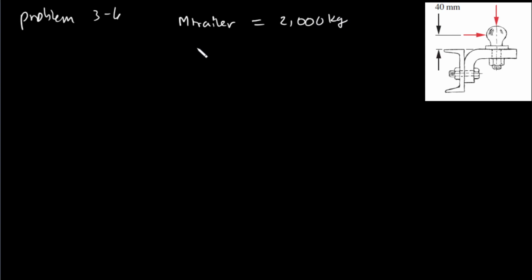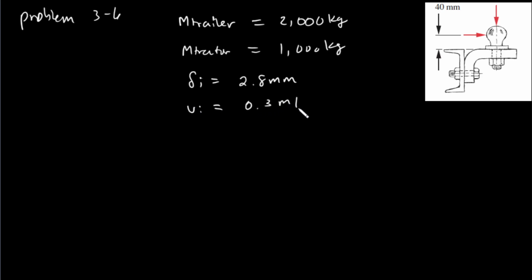We're told that the mass of the tractor is 1,000 kilograms. The impact deflection is 2.8 millimeters, and the impact velocity is 0.3 meters per second.